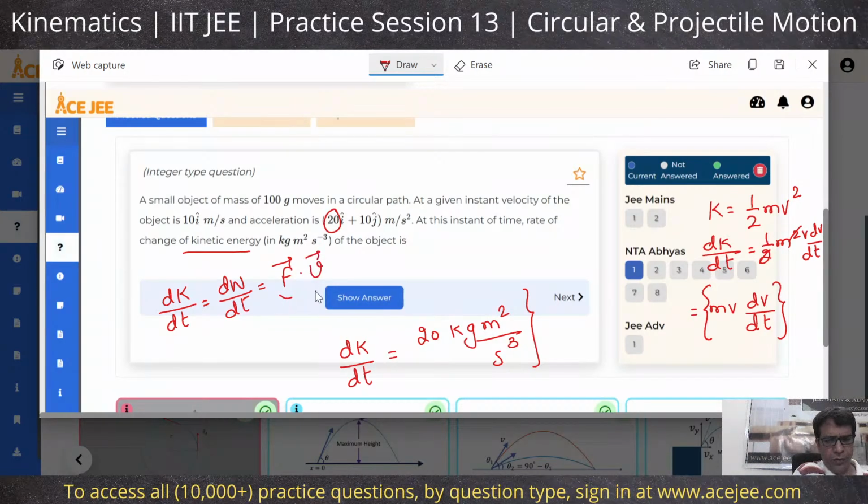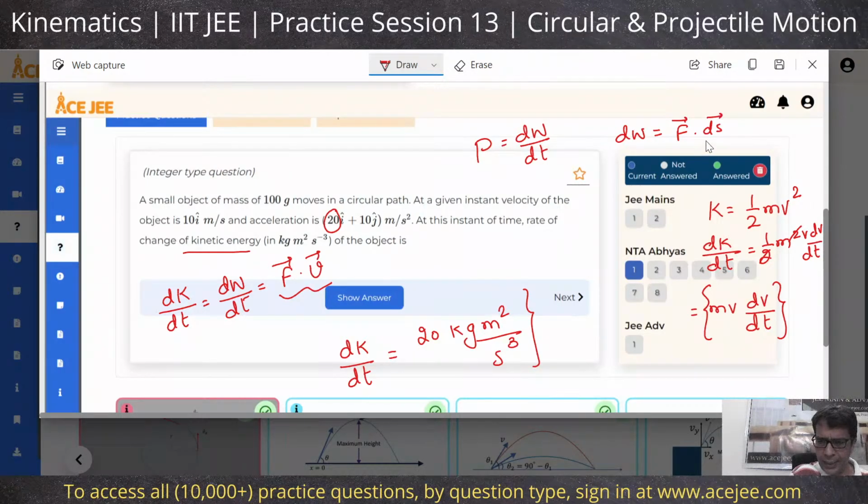So Peter, we will cover this in the third chapter, work energy power, where we'll study that power is the rate of work done. So how much work you do in 1 second. And work done is defined as the scalar product of force and displacement. Right? So F dot ds.